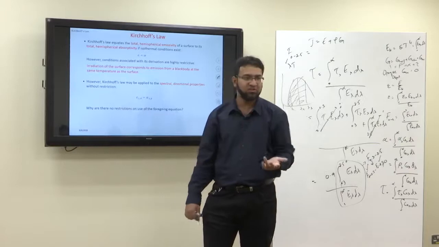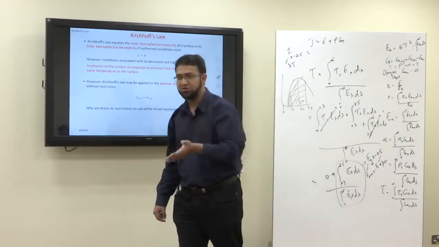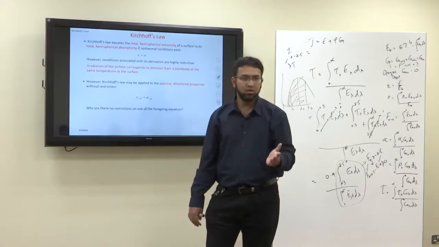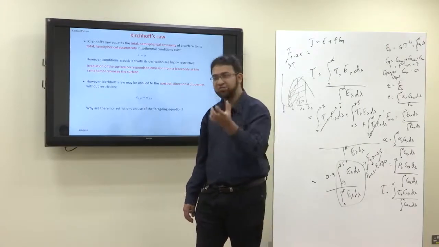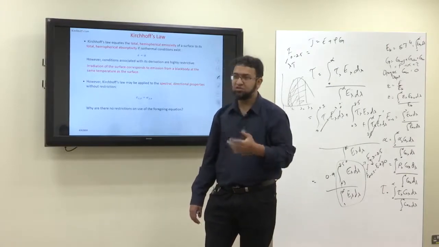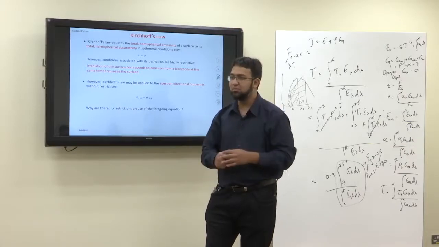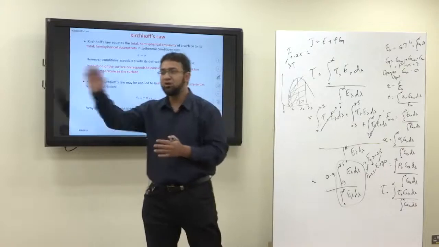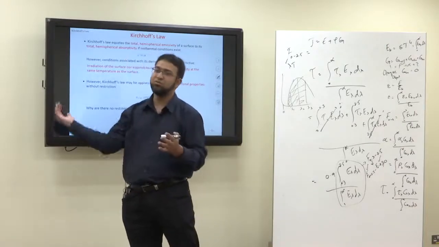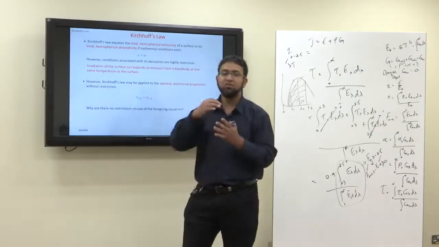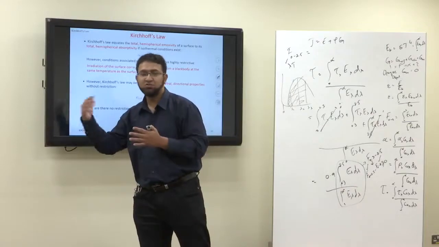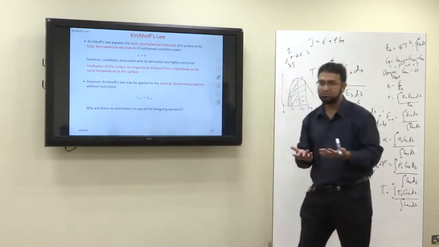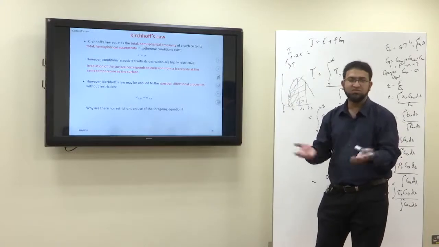When the body is emitting radiation, it is losing energy. If it is losing energy, its temperature must drop. But if the body is at a fixed temperature, its temperature is not dropping, what does that mean? It is also getting energy. So the amount of energy lost by the body is equal to the amount of energy gained by the body. The amount of energy emitted by the body is equal to the amount of energy absorbed by the body. Is it clear? Yep. This is Kirchhoff's law.